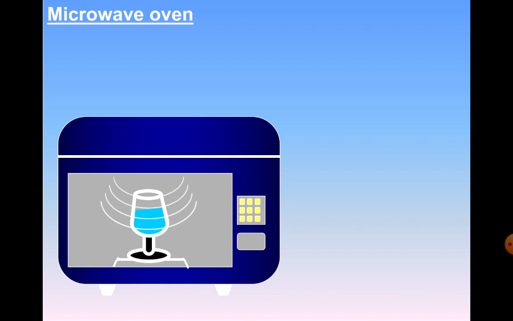Now, the microwave has a specific frequency that can increase the movement between the bonds of the atoms in water. Now, we know most of our food contains water, even popcorn.